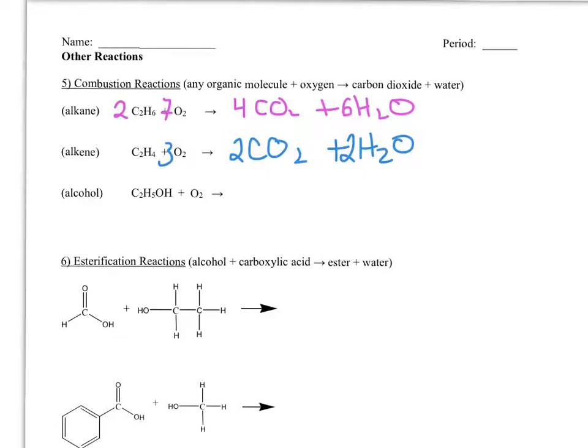Again, CO2 and H2O. And let's see, we'll need 2 carbons, 6 hydrogens, so 3. And then for the oxygens, we have 2, so 3. That should be good. That's 7 hydrogens, 7 oxygens on both sides.